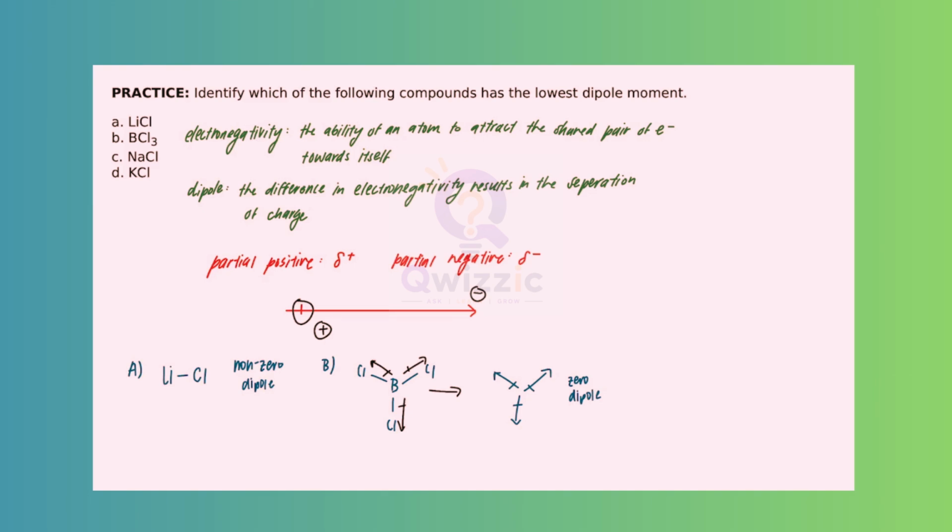Now moving on to option C here, that's NaCl. We already know that this is an ionic bond, so technically there's no real bond between the sodium and chlorine, but again, we're just doing a simplified Lewis structure. We already see that this is not symmetric, so again, we have a non-zero dipole.